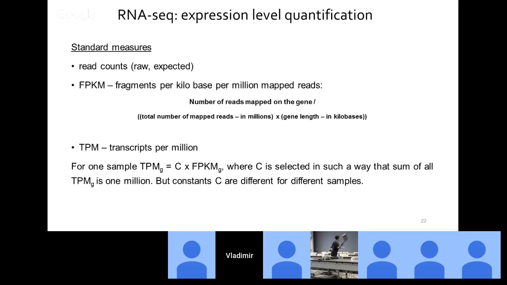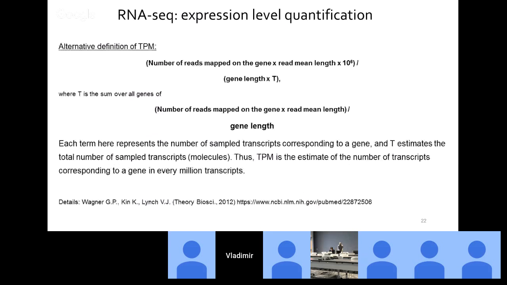The complete number of fragments per million for each sample is just scaled in such a way that the sum will be 1 million. So the new unit we have is called transcripts per million.